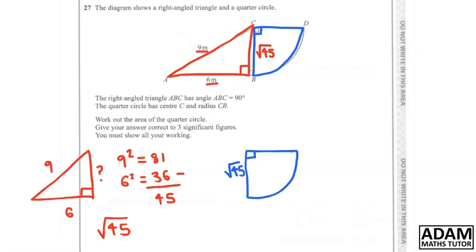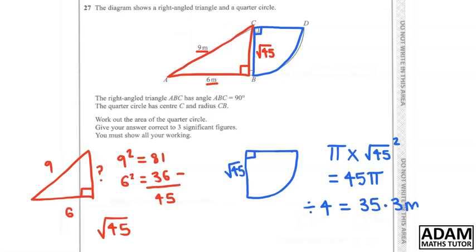To do that, I'll need to know what the area of the full circle is. It would be pi times the radius squared, so the square root of 45 squared. This would be equal to 45 pi, and because you want a quarter circle, you need to remember to divide this value by 4, which would be 35.3 meters squared, to 3 significant figures.